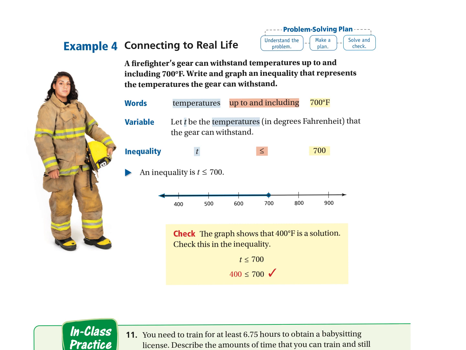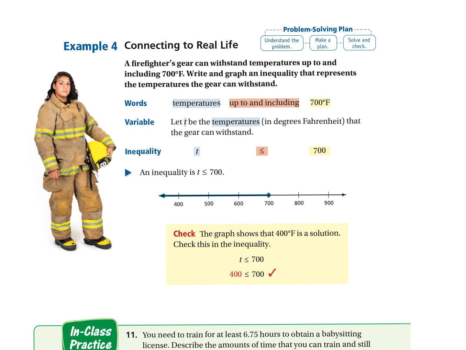So it tells us here T is going to be temperature. Up to and including means that it can be anything less than, but it can also be equal to 700. So my inequality is T is less than or equal to 700. Because of this symbol here, it is a closed circle at 700. And I would draw my line to the left to show that it's any value less than 700.